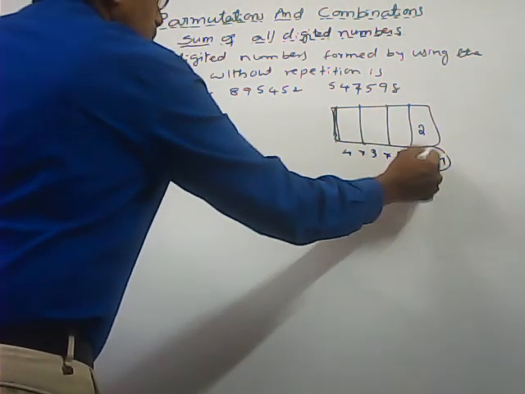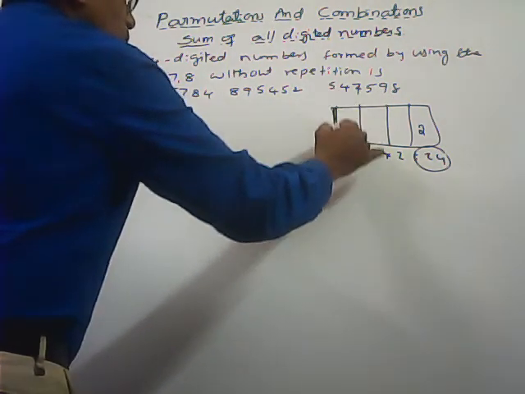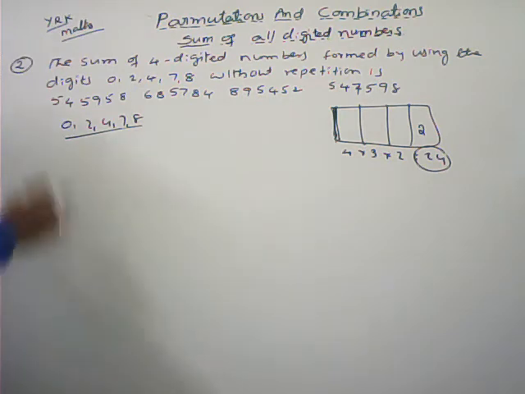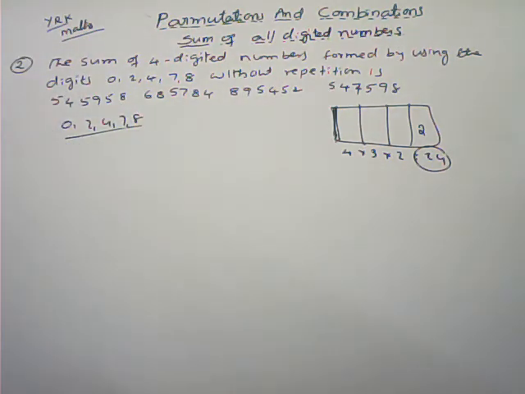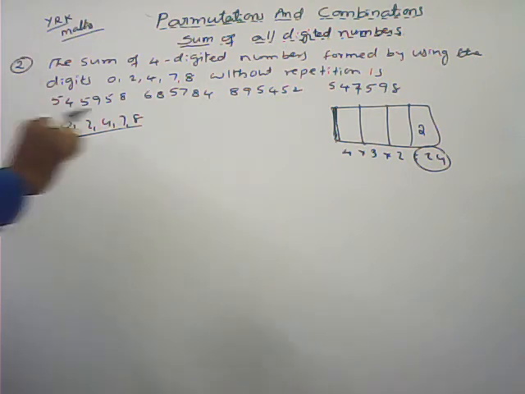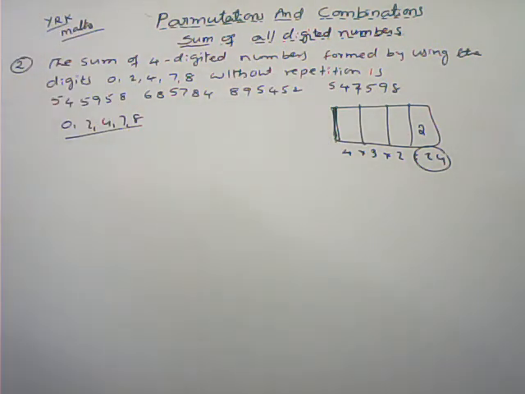Here I will clarify that doubt also. Here maximum everyone will get one doubt. If I keep 0 in the first place, that is not a 4-digit number, that is a 3-digit number. Then we can subtract. If 0 is in the first place, how many numbers are we getting? We can subtract those afterwards.